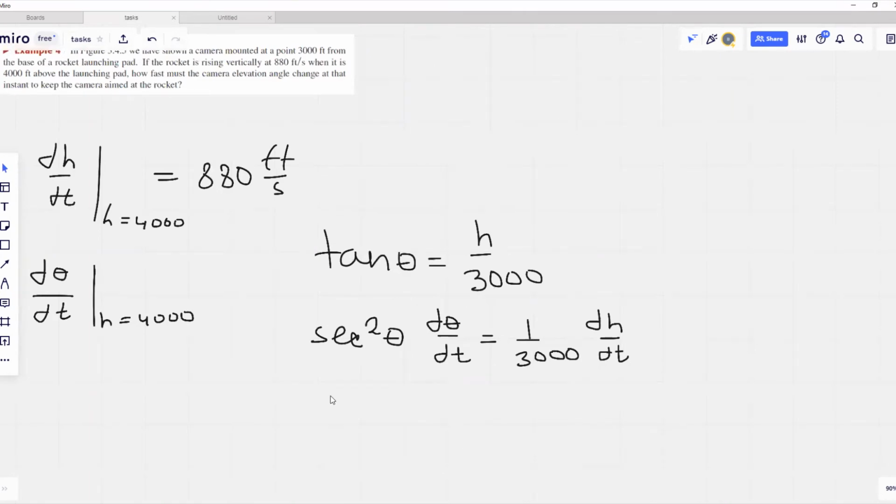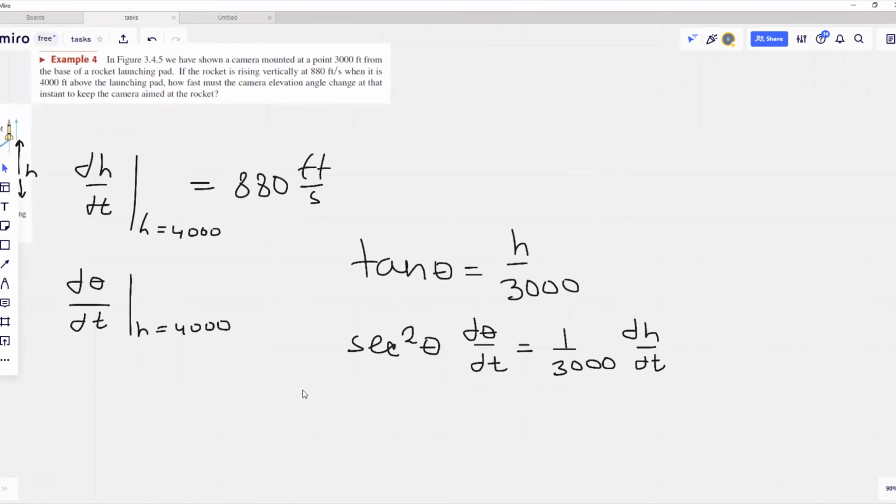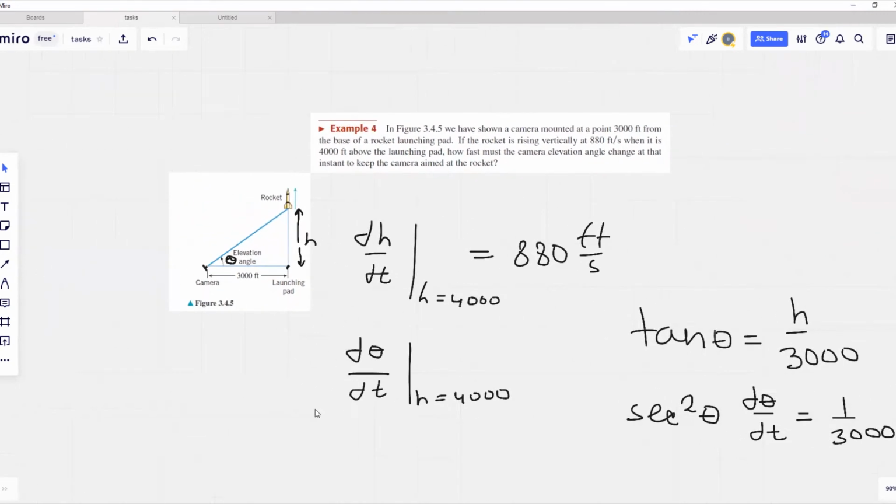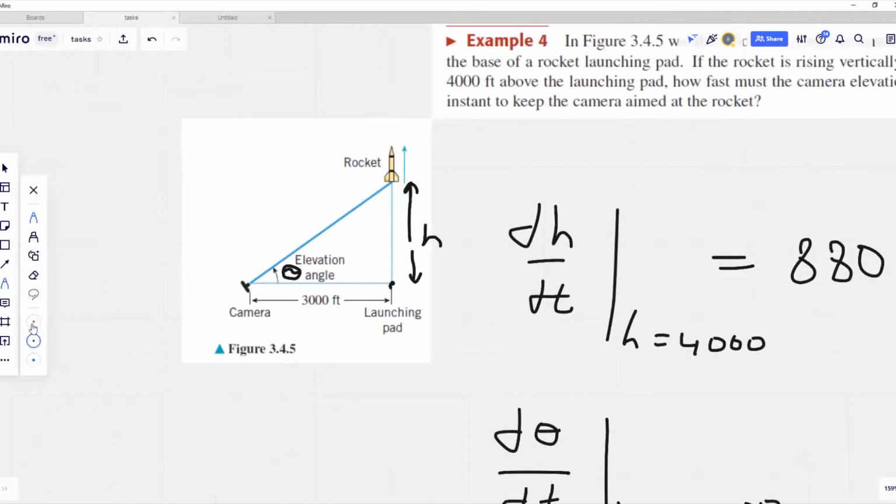Now, we need to find d theta over dt at an instant when h was equal to 4,000.